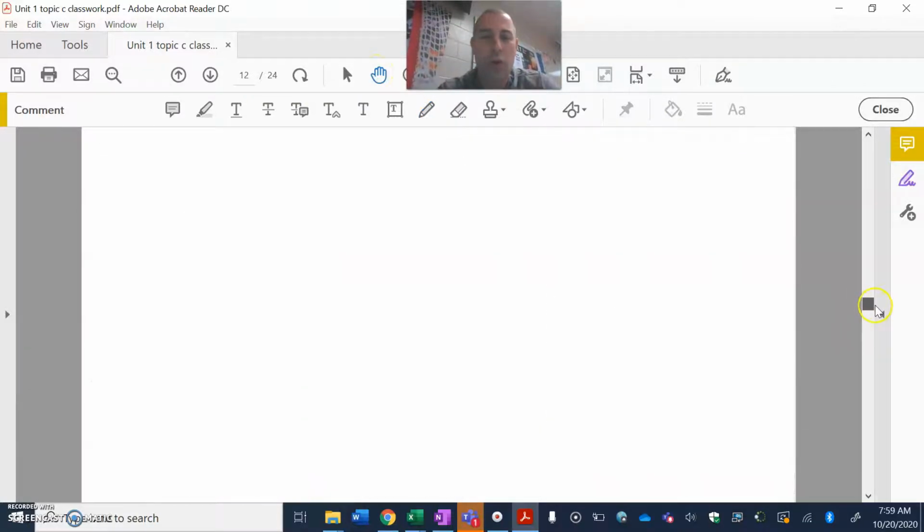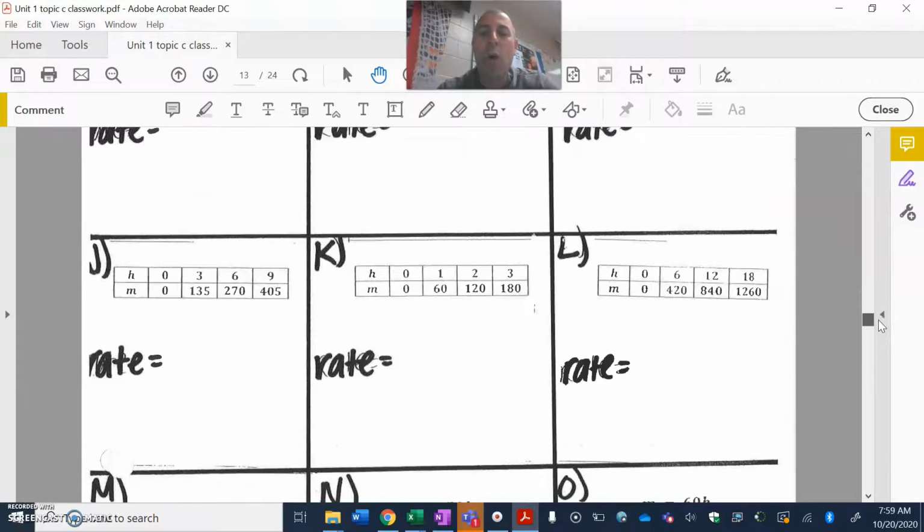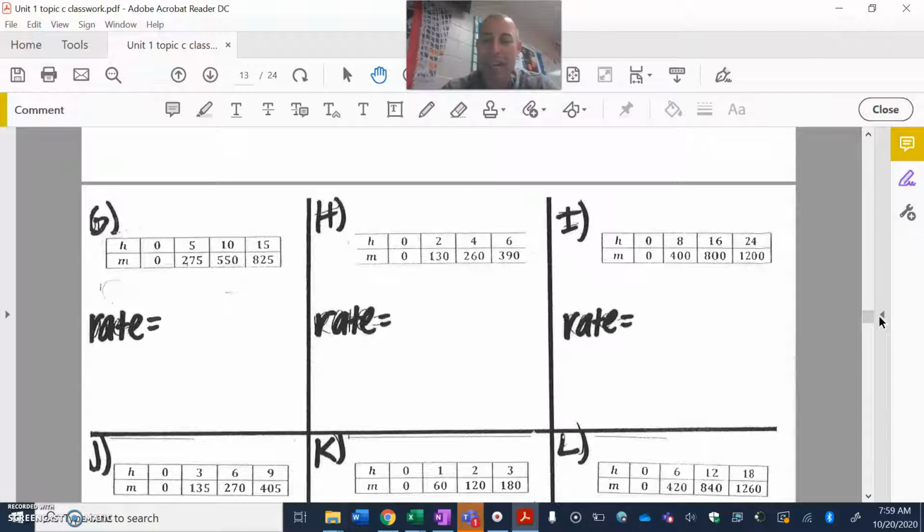So I know that has an answer of 65 miles per hour. One of these tables is going to have the answer of 65 miles per hour. And the idea then is that we would match those two particular ones up. So let's look at letter H. It's a table.